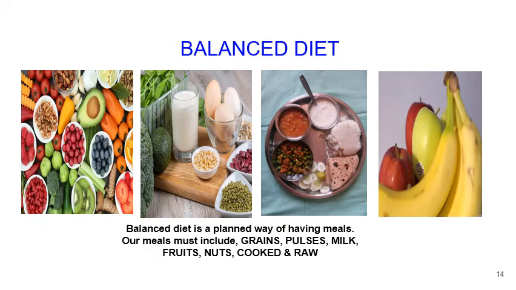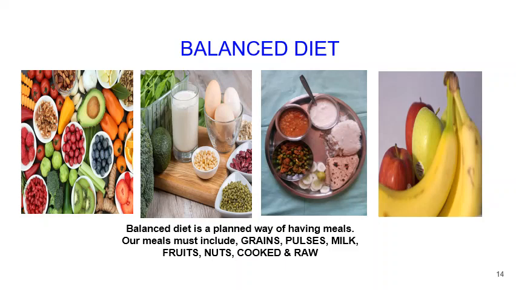Now I have given you another important idea of the textbook. What is a balanced diet? A balanced diet is a planned way of having meals. Our meals must include some food grains, pulses, milk, fruits, nuts, cooked and raw materials.